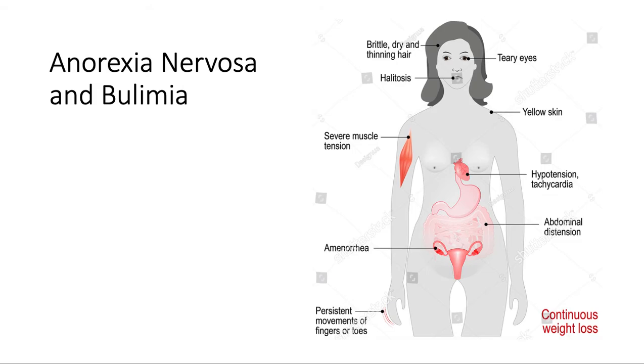Other common findings related to decreased thyroid hormone release include cold intolerance, bradycardia, constipation, and changes in the skin and hair. In addition, dehydration and electrolyte abnormalities are frequent findings.